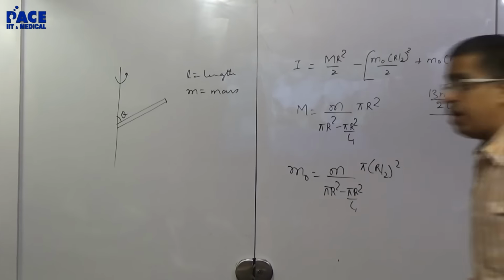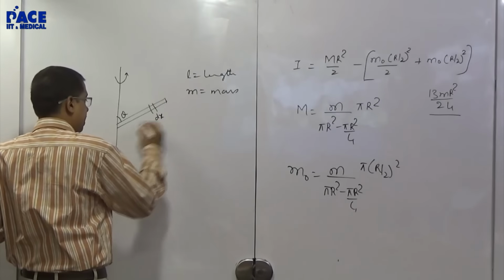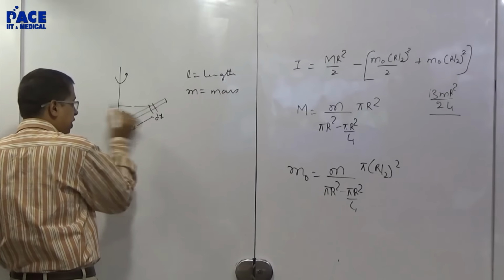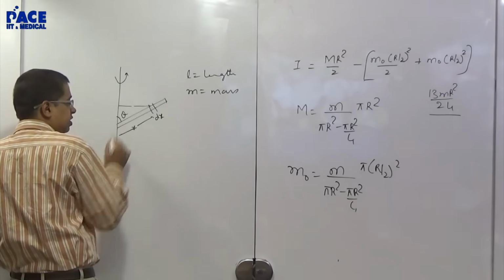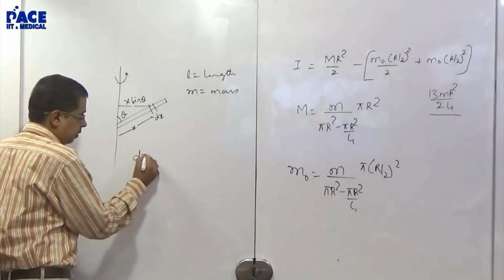Consider a small element dx at a distance of x. What will be the radius of the circular track in which that element is going? That will be x sine theta.